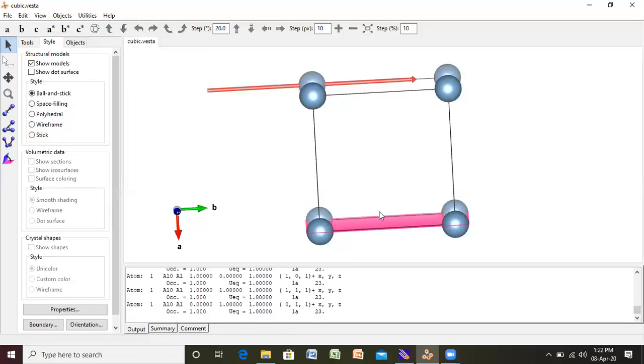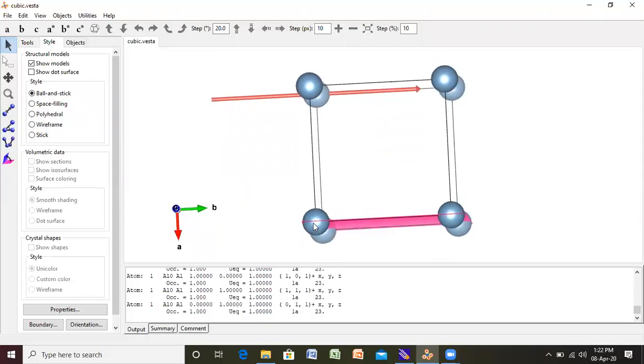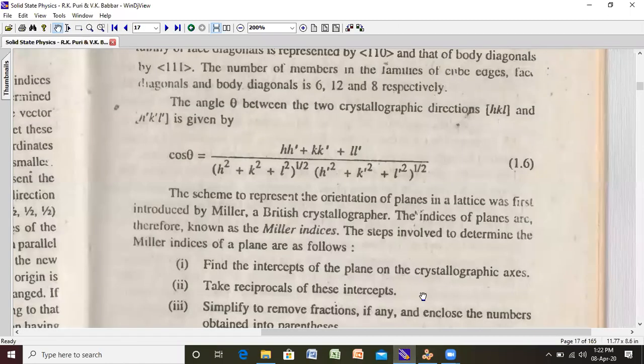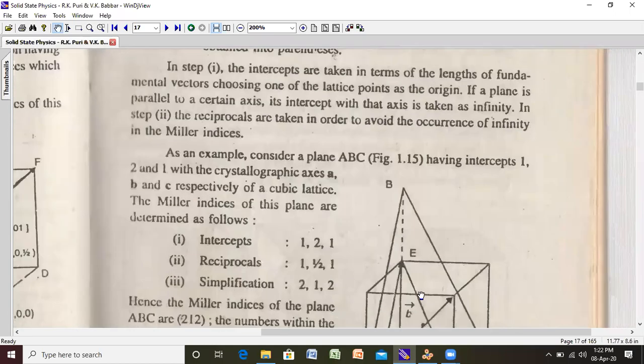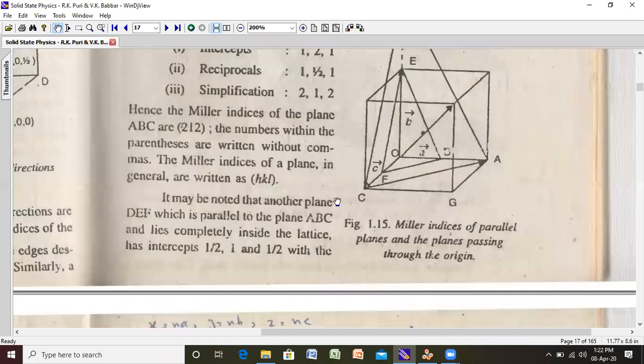Okay, so each of such plane is known as lattice plane, and it is represented by small brackets. Okay, like this one in the book, it is represented by like this one, 212, 212 with small brackets.